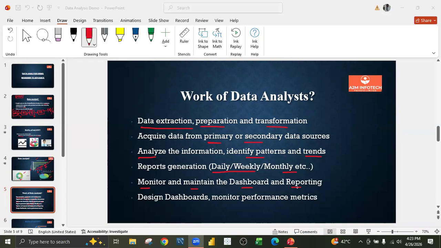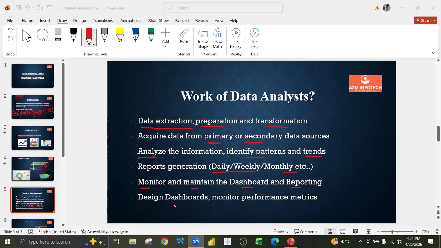Why? Because a dashboard should open within 1 minute. The rule of data analysis is that your dashboard should open within 30 seconds to 1 minute, not more than that. So to avoid this, you have to monitor and maintain the dashboards, so that whenever you share your report or dashboard with the client, it opens and does not take too much time.